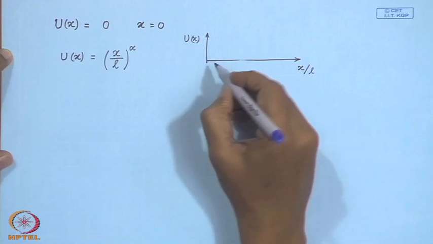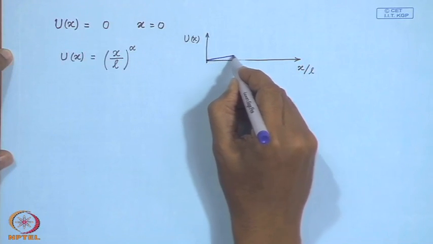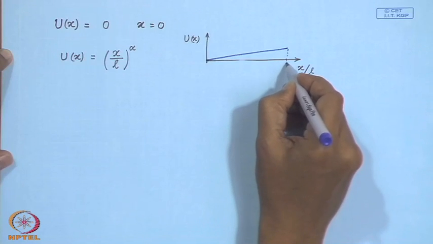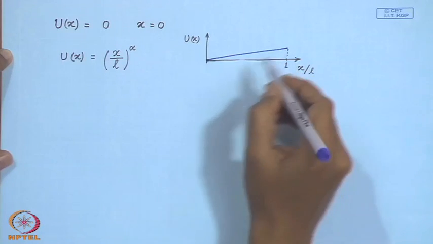Depending on alpha, for example, if alpha is 1, then this is linear.